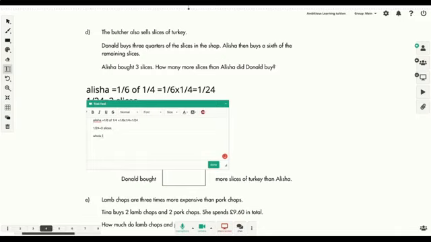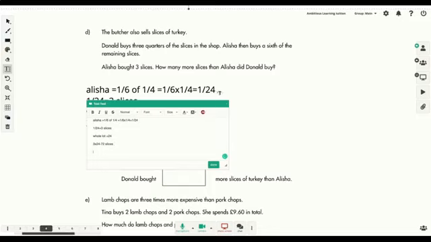The whole lot equals how many? 24 slices. So you just need to multiply 3 by 24. That gives me 72 slices. This is only for Alicia.